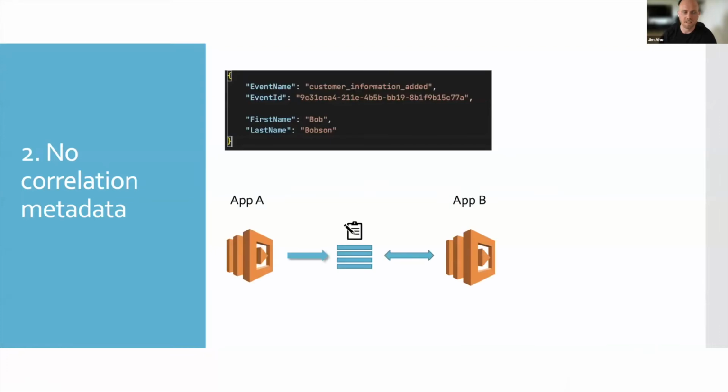So let's imagine that you have an event, customer information added, with an event ID. If application A publishes this message and application B receives it, you usually need some way to correlate it to see that application A indeed did send the message and B received it, because there could be more systems in the picture, right? So you need to be able to trace that.